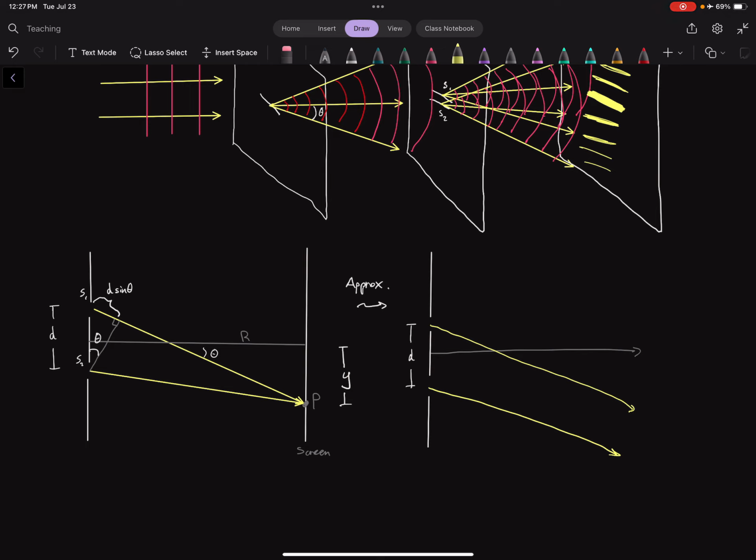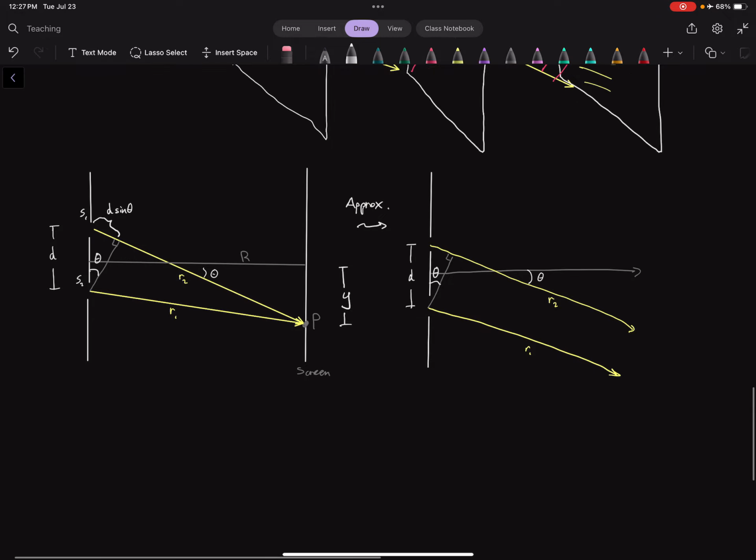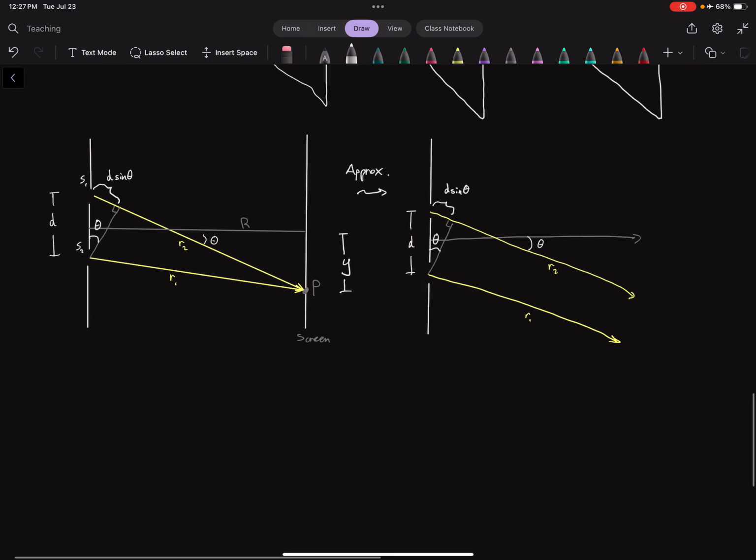Okay, so R1, R2, R1, R2. All the same stuff applies back here, where this defines a right triangle, and this defines an angle, and this defines an angle. All that we've done is we've made ray 1 at the bottom there parallel by considering the screen super far away. And that simplifies the math a little bit.